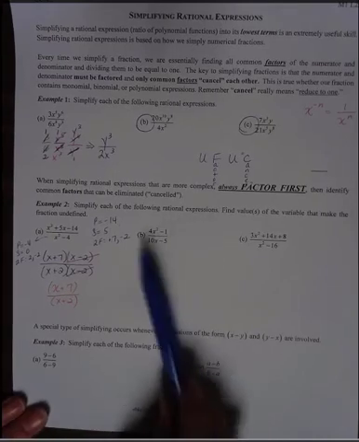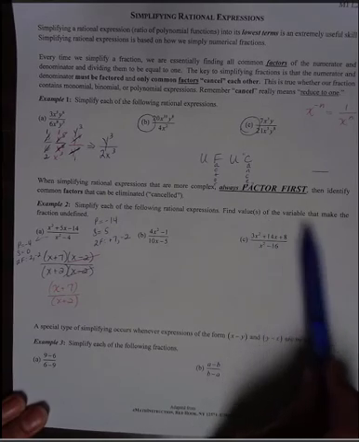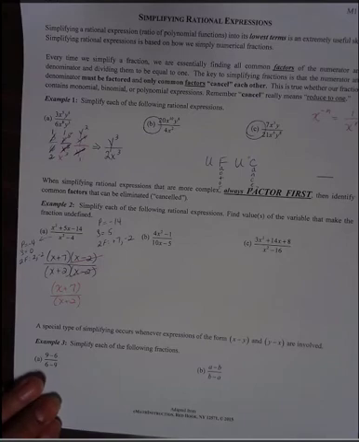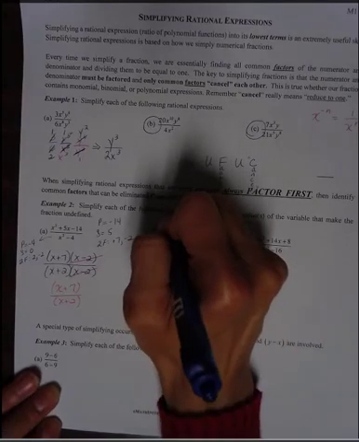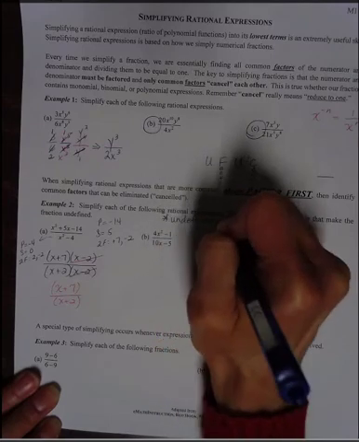Okay, the second part of the instructions asks us to find the value or values of the variable that make the fraction undefined. I just want to say that it's undefined if it is undefined at any point in the expression.